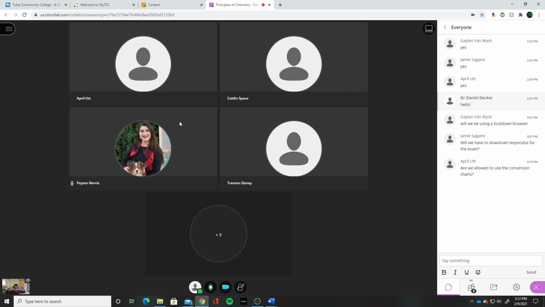Probably the ones that need three or four are mostly because it's a cubed unit. If it's a cubed unit, I would count that as three conversion factors that you need to use.